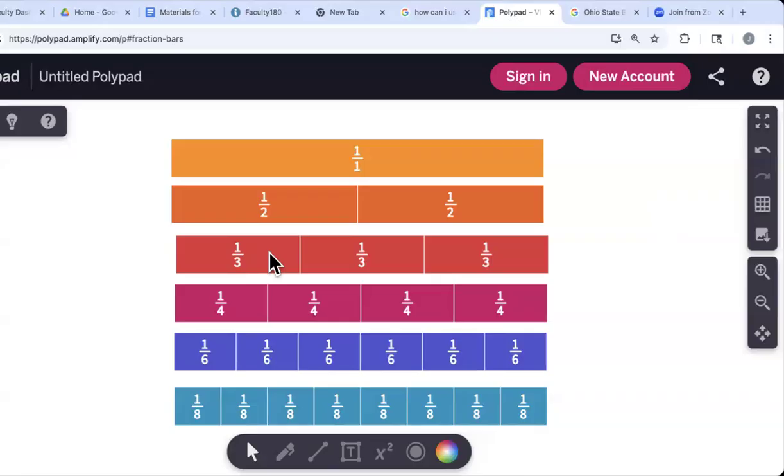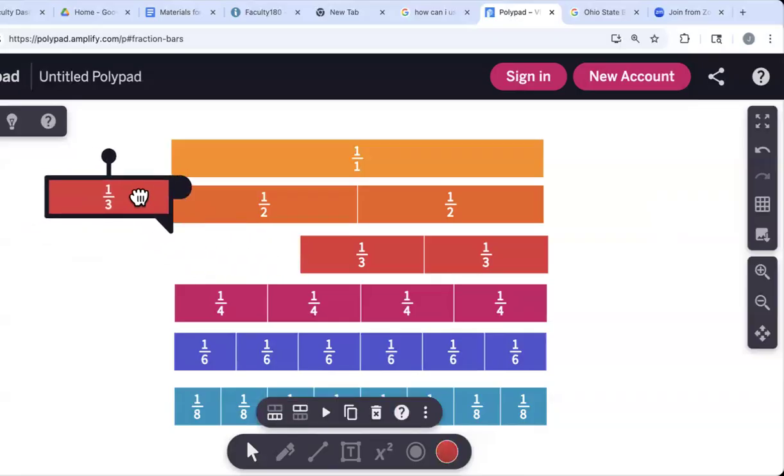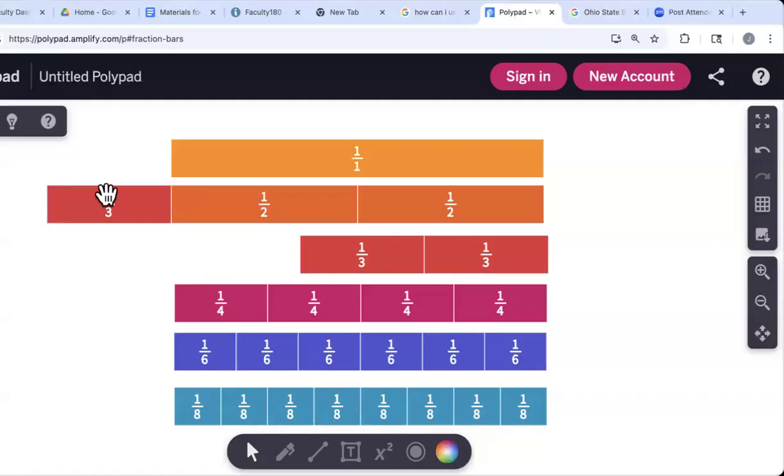Suppose I wanted to add 1/3 and 1/8 together. Well, this is PolyPad. It's an online virtual manipulative that you could use at home if you don't have all of these sets. However, these materials would hopefully help you to visualize it as well.